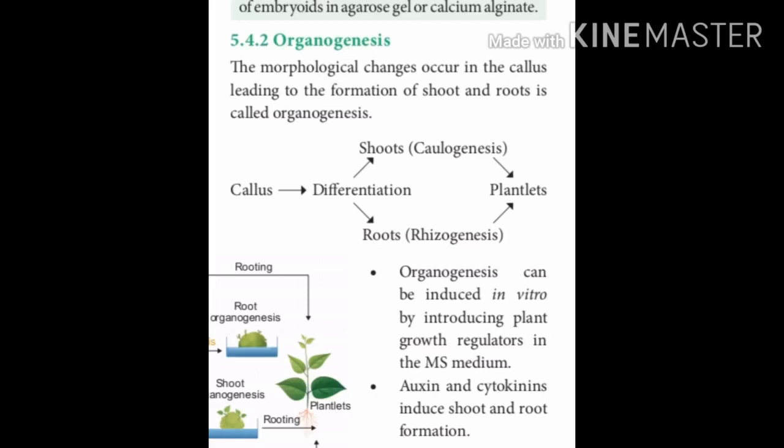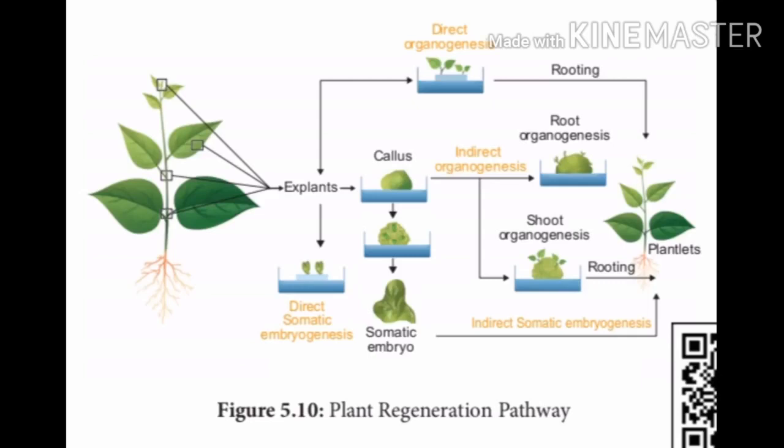Now let's look into the pictorial description of this particular topic. A plant is there. From the plant, an explant is taken, and direct somatic embryogenesis is also taking place on one side, where you get a somatic embryo that grows into a plantlet. In the indirect method, we take the calyx.